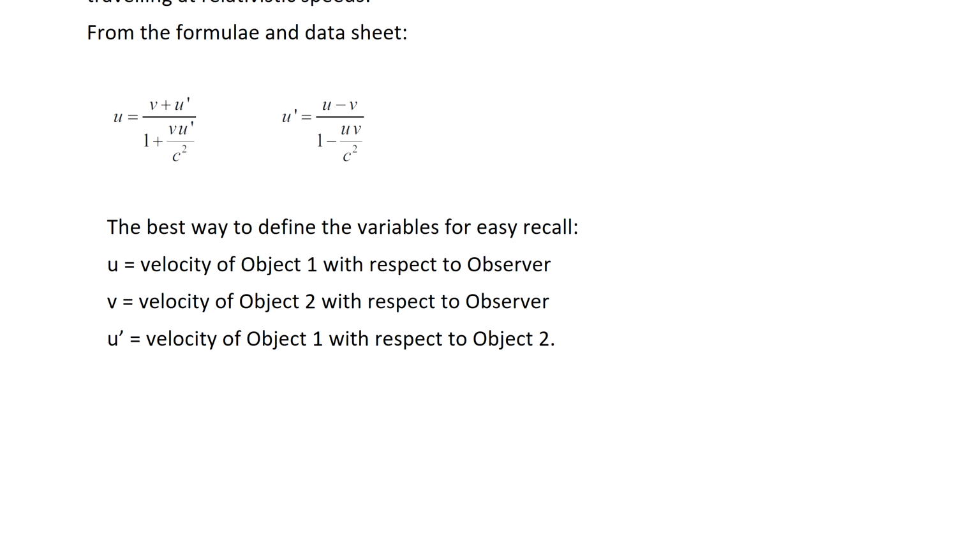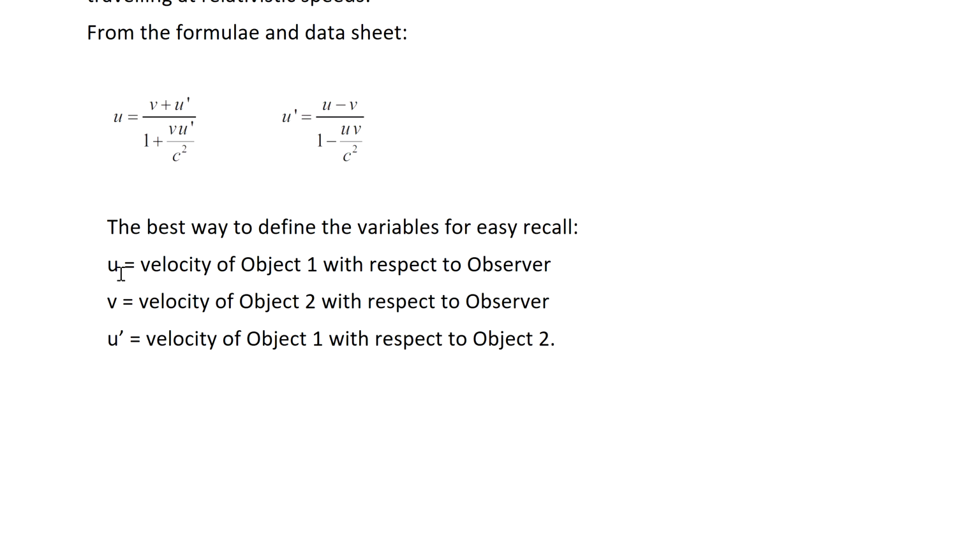So a quick recap from my last video where I showed you how to use the equations from our formula and data sheet. You can see we've got these quite complicated looking equations with our variables u, v and u dash. They are relatively easy to use once you've got your variables set up.